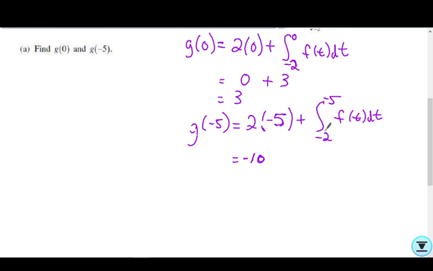So we switch the limits to make it from -5 to -2, which changes the sign on the integration: -5 to -2 of f of t dt.